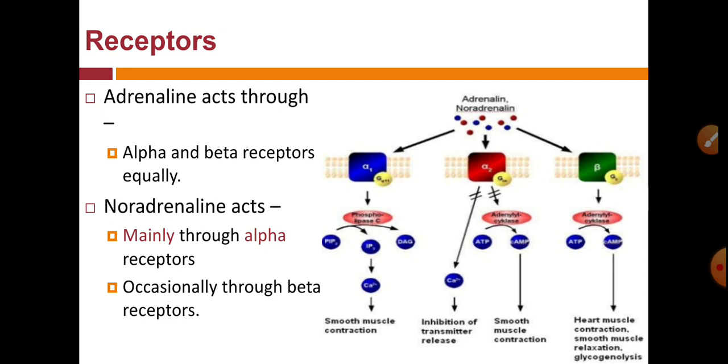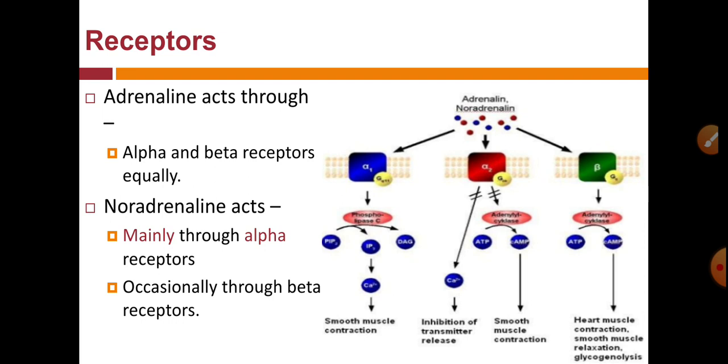So, out of these two hormones, adrenaline binds equally with alpha and beta receptors, whereas noradrenaline mainly binds with alpha receptors and occasionally binds with beta receptors.